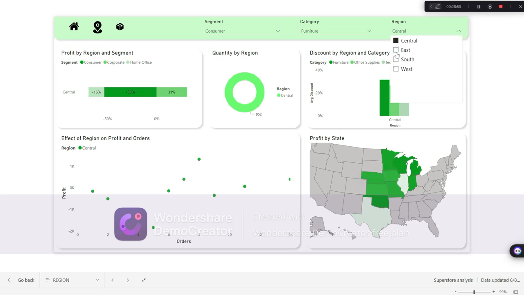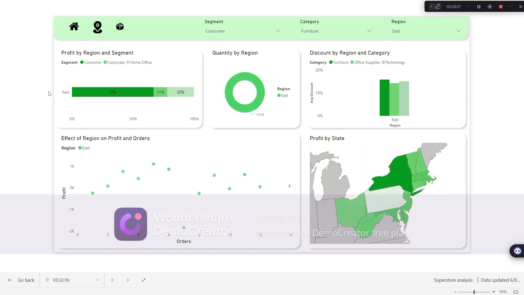Let's see another region, east region. We made profit overall, not any losses in east region. The quantity we sold is around 1K, that is 1114 quantity in east region.